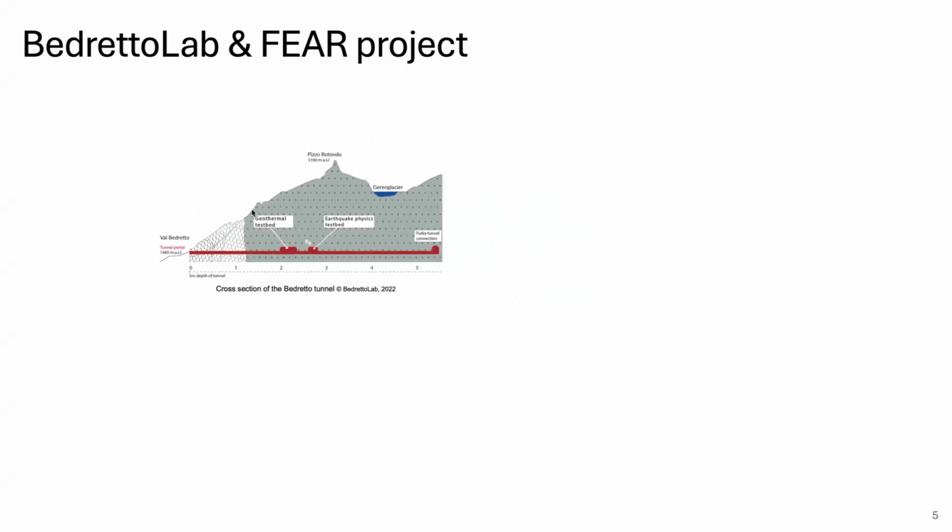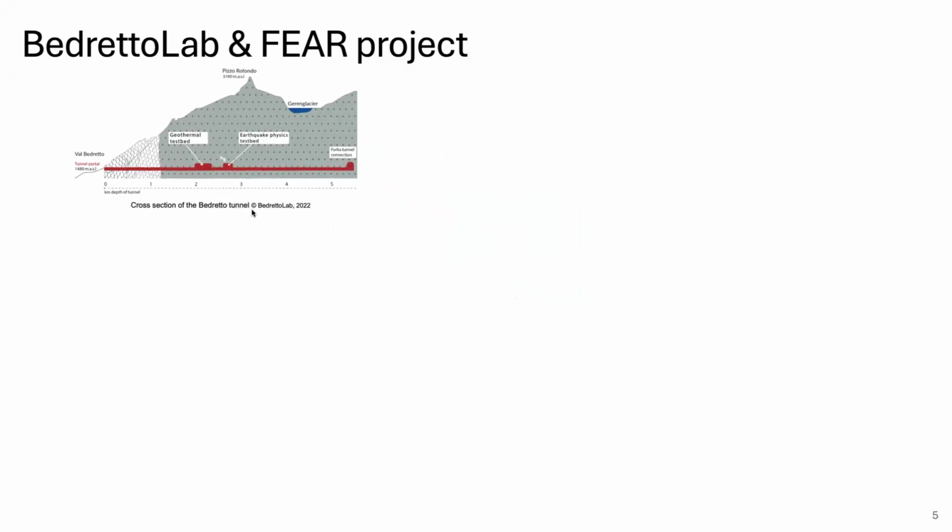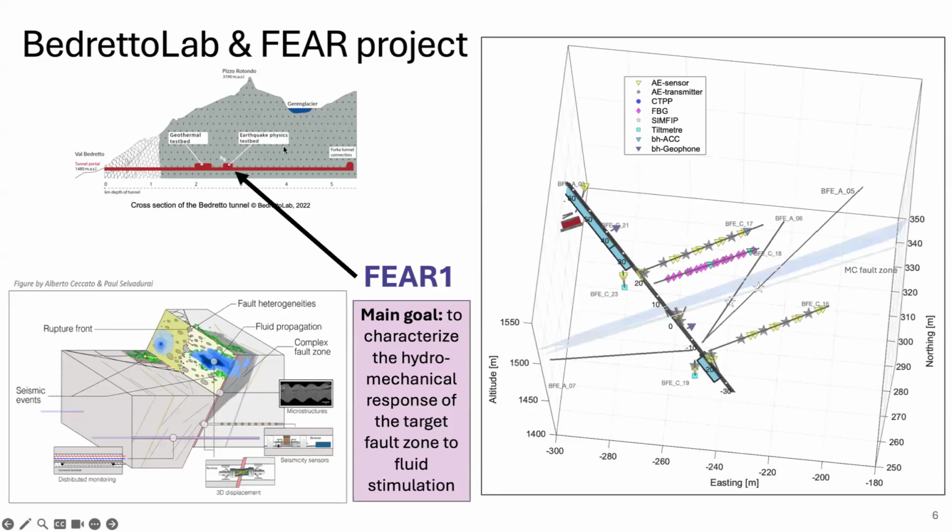Bedretto Lab is placed into a tunnel, so it's the perfect place because we can almost study earthquakes at the natural scales, but not exactly. We have 1,000 meters of granite overburden. And so, okay, so FEAR 1, can you see my pointer?